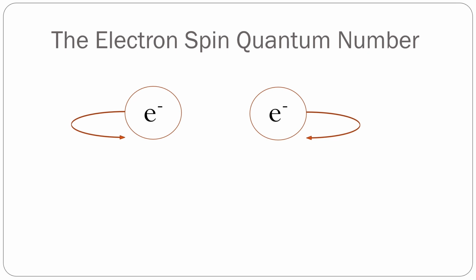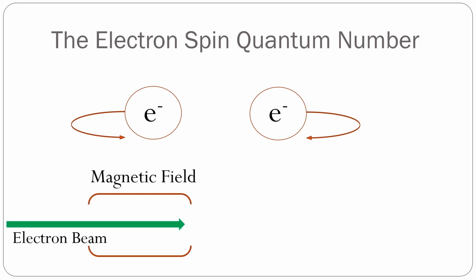Furthermore, this magnetic moment can have two possible orientations when an electron is placed in a magnetic field. The famous Stern-Gerlach experiment showed that when an electron beam passes through a magnetic field, it is split into exactly two beams.